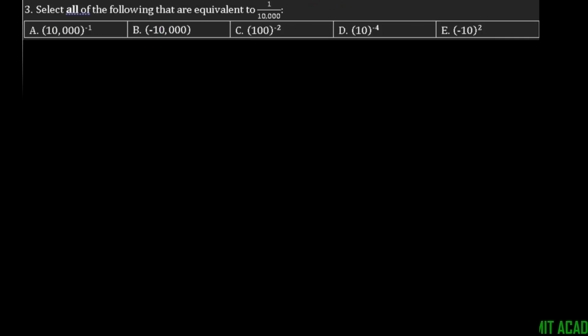And then for number 3, it says select all of the following that are equivalent to 1 over 10,000. So for that first one, again, negative exponent, just put it on the bottom. So I'm going to say this one is good, so I can put a star by it. For B, however, that one's not good because that one is a negative number.